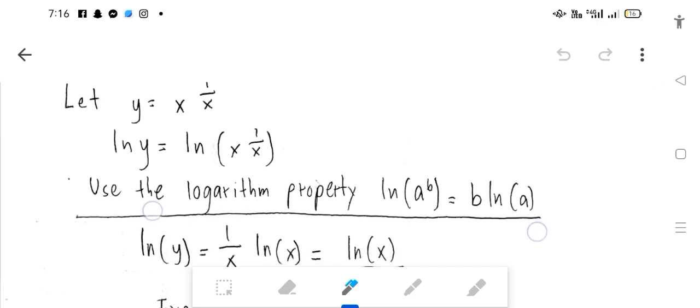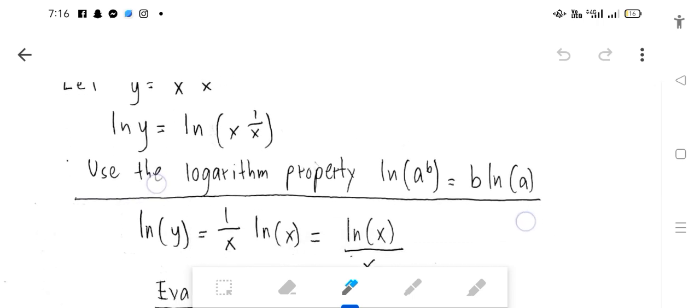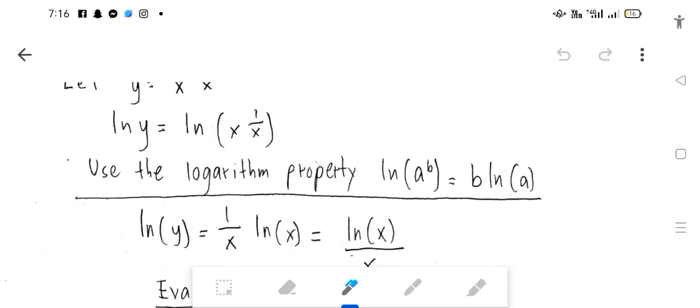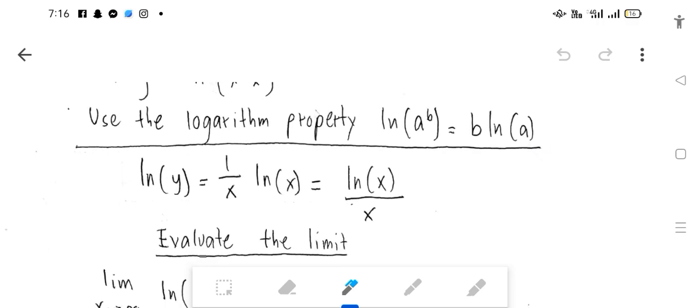So for this example, that means ln y is equal to 1 over x multiplied by ln x, because 1 over x is our exponent. And we can simplify that into ln x over x.